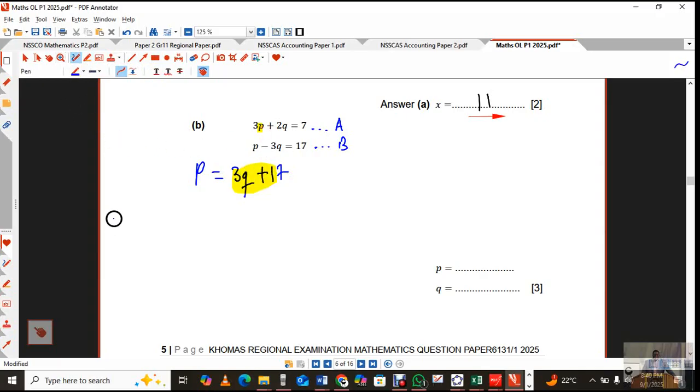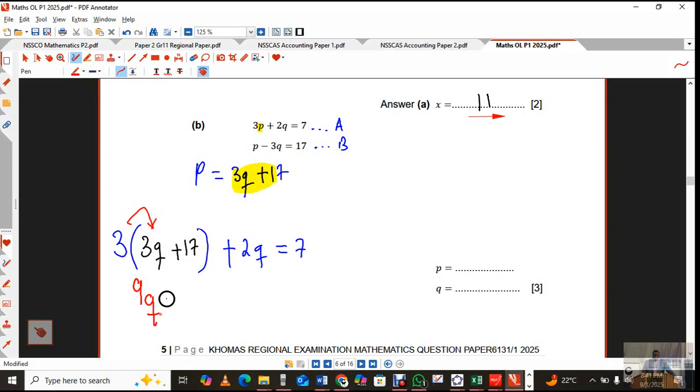Sub into equation A, I'm just going to write it down. Hopefully you do understand what I'm doing. I'm going to substitute that P value, and then I have an equation only in terms of Q. So I'll take this 3Q plus 17. Now it's a matter of simply multiplying out. That is 9Q, and 17 times 3 is 51, plus 2Q is equal to 7.